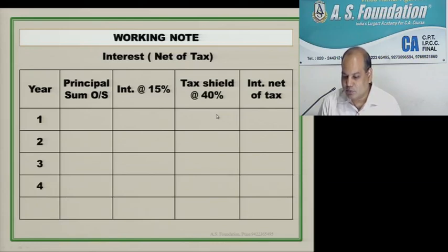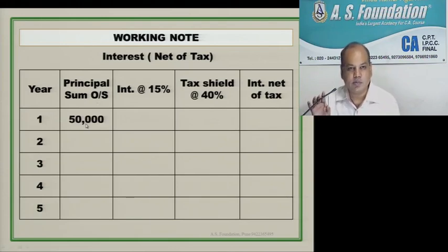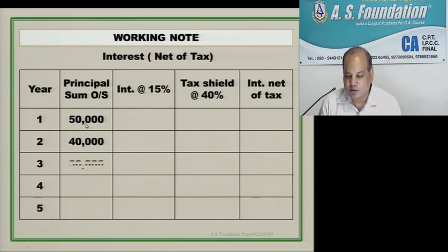So I'll explain. First write down year: 1, 2, 3, 4, 5. Principal sum outstanding: first you write 50,000. Every year 10,000 will be paid, so it will reduce. Minus 10,000, then 20, 10.